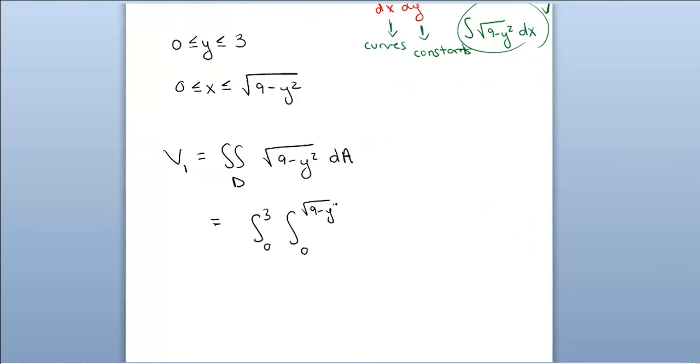And you'll see why this order of integration was beneficial to us. It makes things way easier. So by design, I chose it to be this way on purpose. My inner integral is with respect to x, right? These were the limits of integration or the bounds that we put on x. And the outer integral, which has the constants 0 to 3, are the bounds for y.